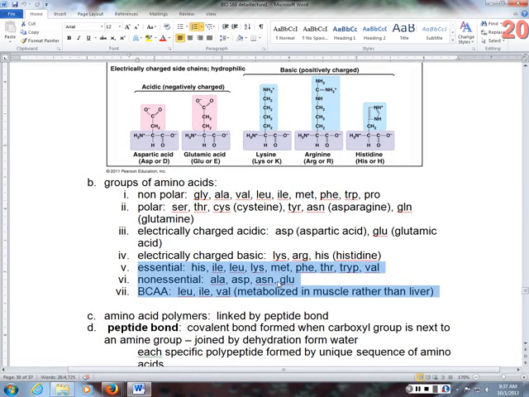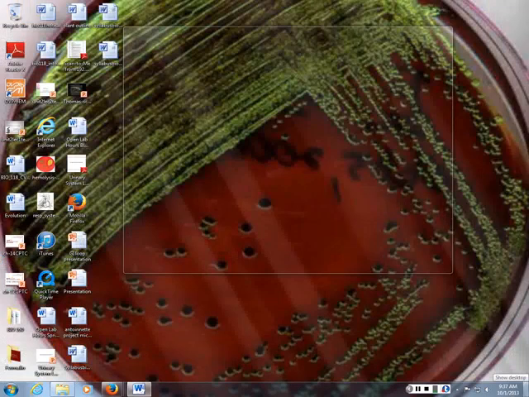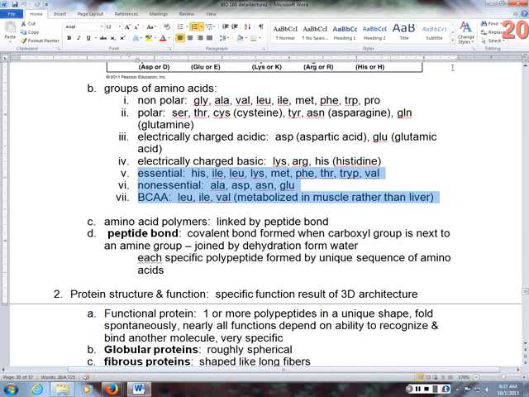So for a vegetarian, it's just a need to have a variety to get all of the different ones in. The branched chain amino acids are these three. The significance in those is they're metabolized in the muscle rather than the liver. So people who exercise a lot would want to make sure that they have adequate amounts of the branched chain amino acids in their diet for muscle repair.